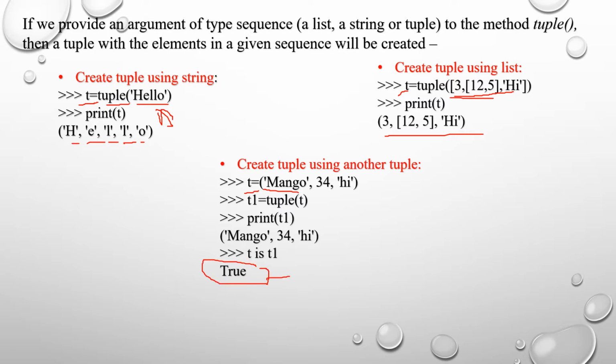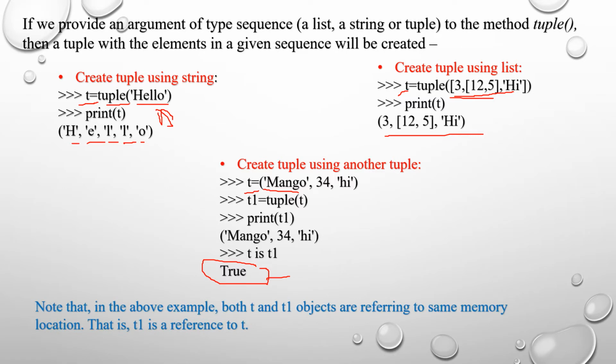The output is True. Note that in the above example, both the t and t1 objects are referring to the same memory location. So both are referring to the same memory location, that is, t1 refers to t.